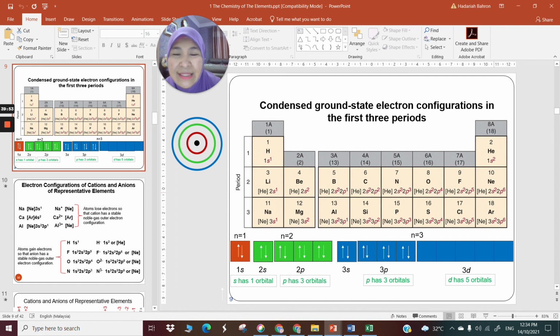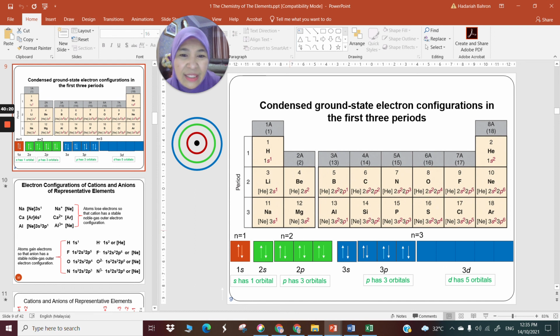The octet rule states that all elements will try to look like the nearest noble gas. And all noble gases have a filled shell, except for helium. All noble gases have 8 electrons on the outer shell: 2s2, 2p6, 3s2, 3p6.